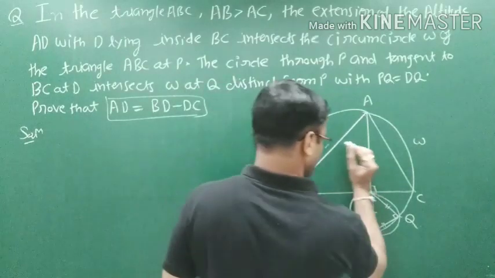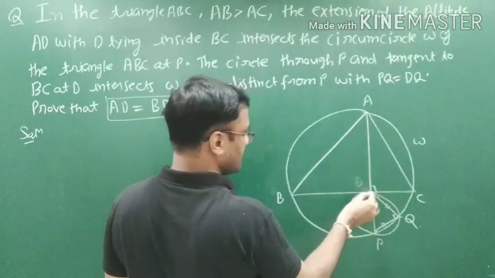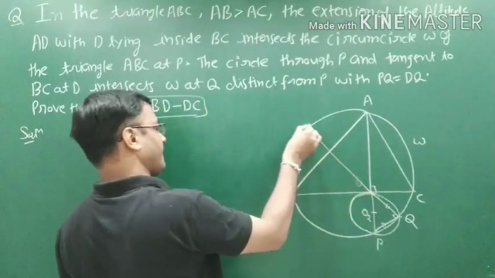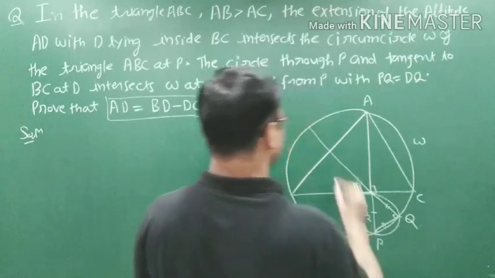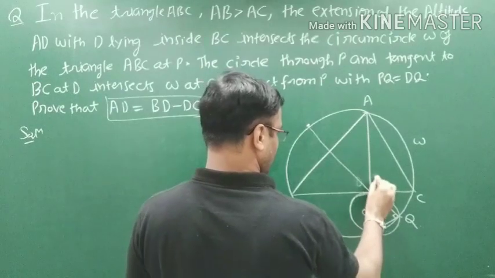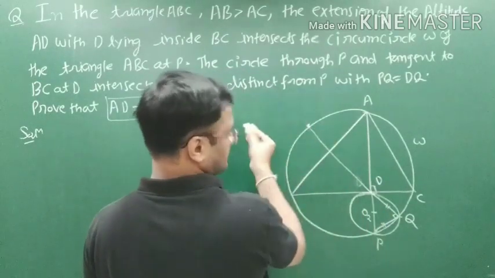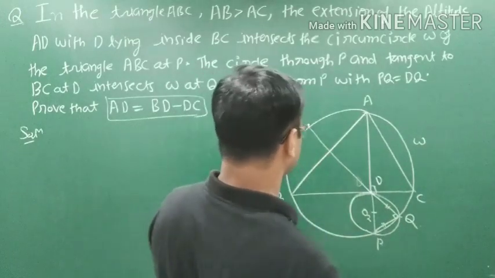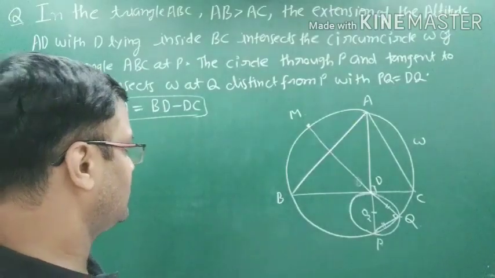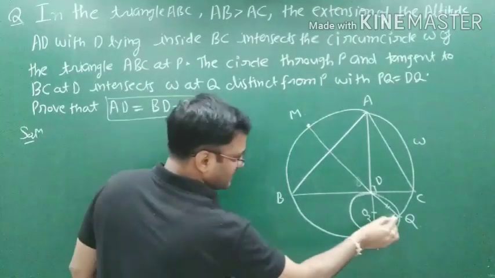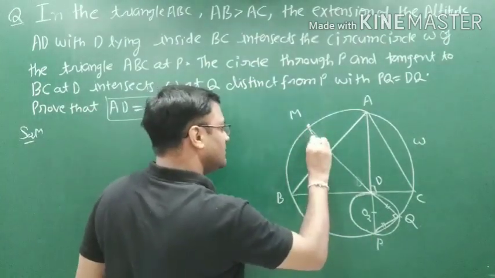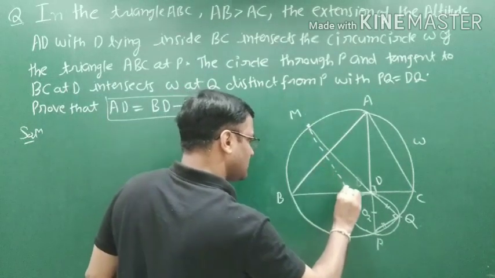And if we extend QD, then it will intersect the first circle at a point, say M. Now this angle is 90 degrees, and therefore if we join point P to the point M, then we get a very interesting result.